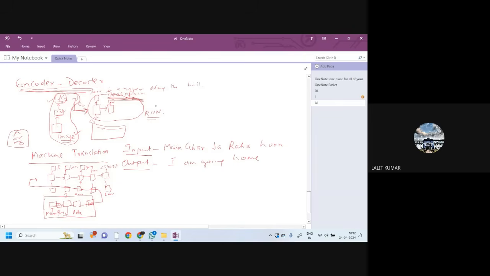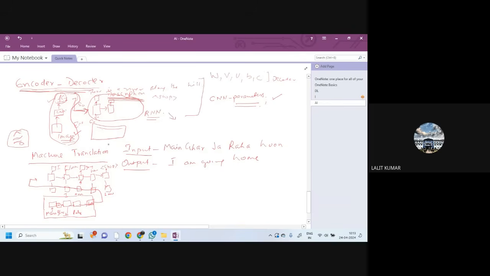Here will be go, last will be stop, and then I will train. So what will be the parameters? Parameters will be W, V, U, B, C. This is for the decoder, and we know the CNN parameters. So we pass it. So this encodes the information and this decodes.